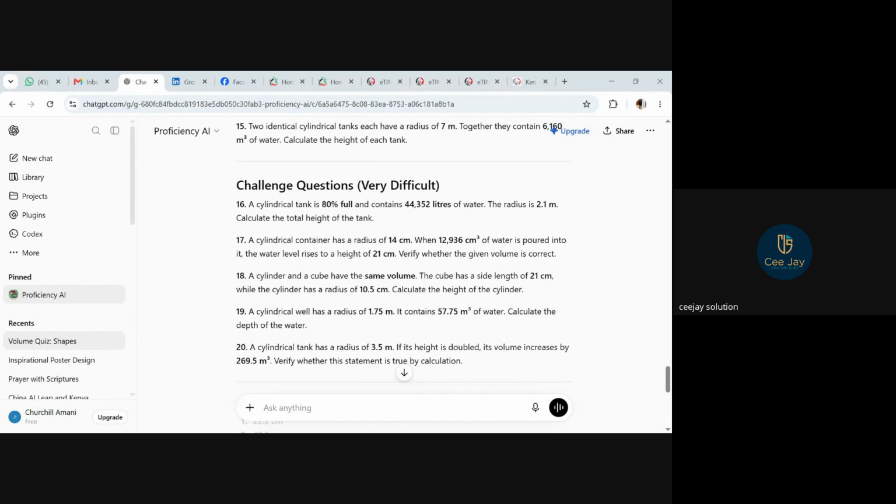What about 44,352 liters? When you change into meters cubic, we will get our answer to be 44.352 meters cubic.